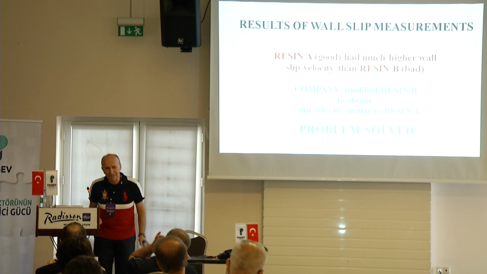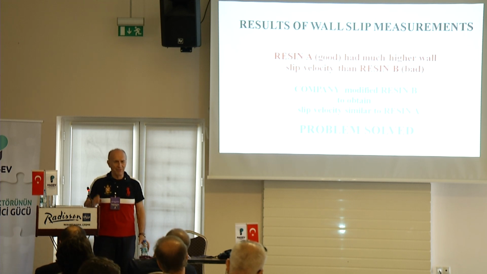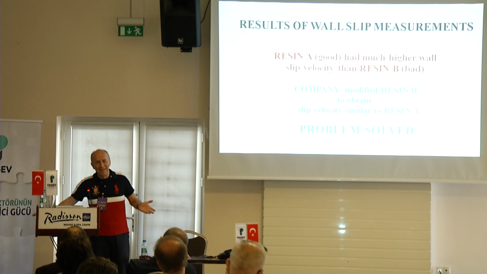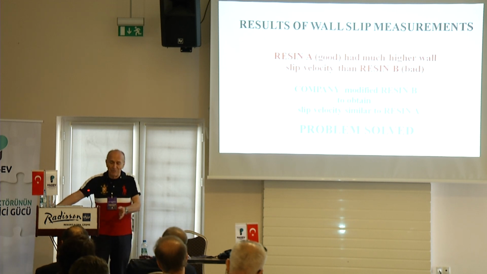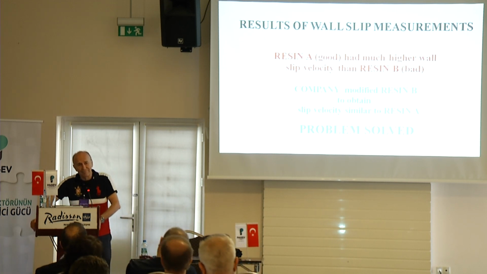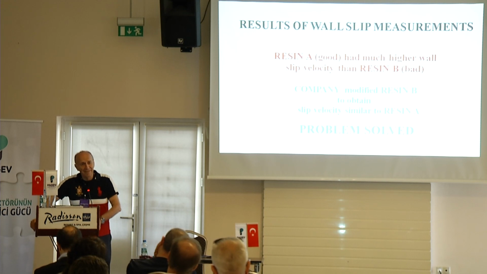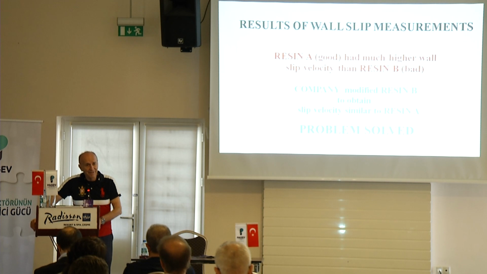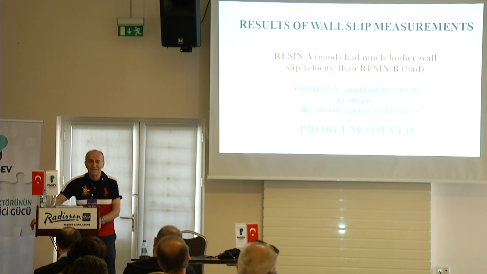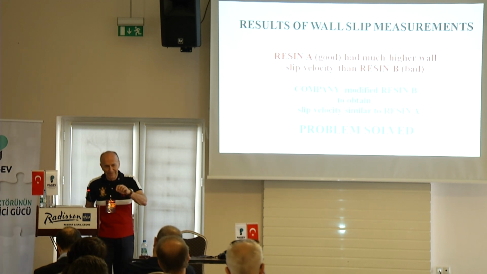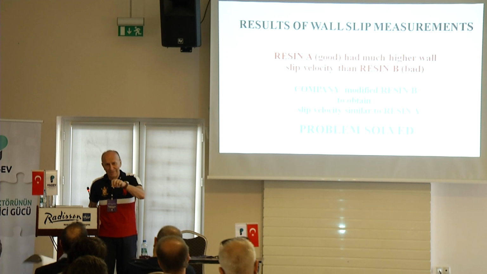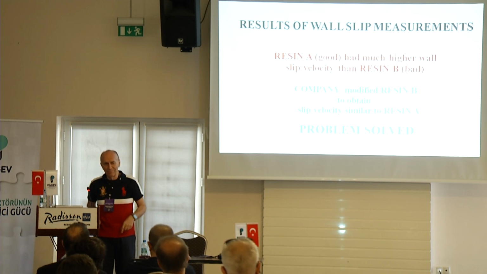And before coming here, I checked the data sheets of this resin. I went to the website. The customer never told me what they were doing. But I knew the code number for the resin, and I searched on the internet: resin producer name, number of the product.